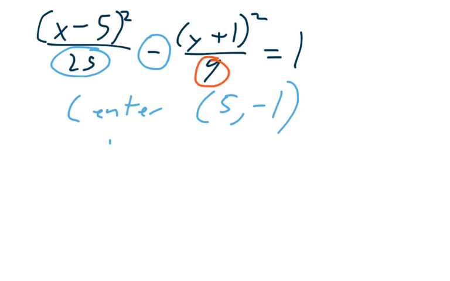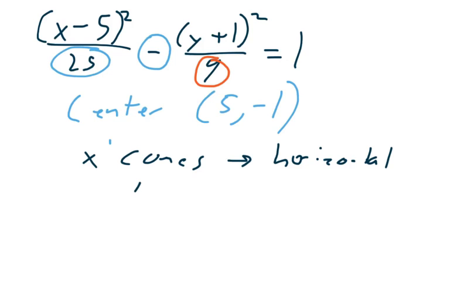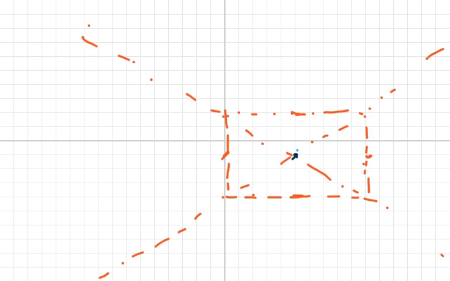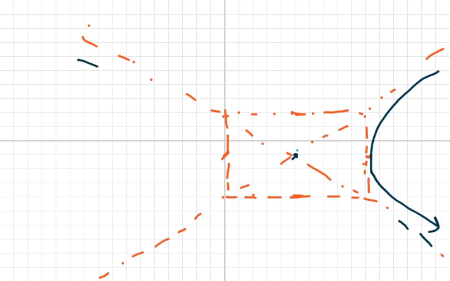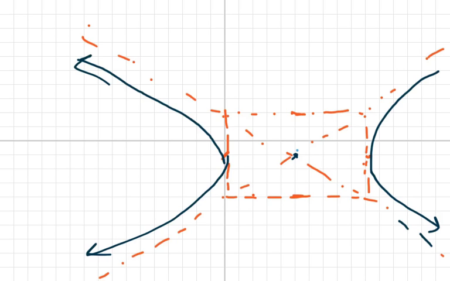Now when taking a look, since the x comes first, this is going to be a horizontal graph, which means that I come in from this side, hit this point right here, and go out this side. Come in from this side, hit here, go out this side, and there's my graph.